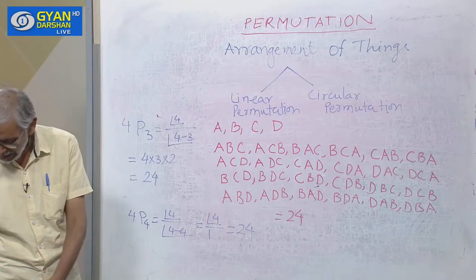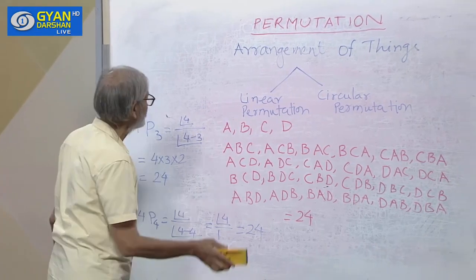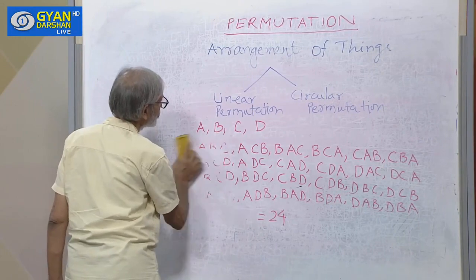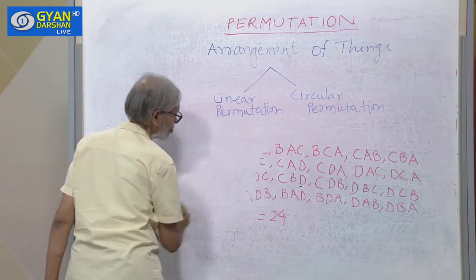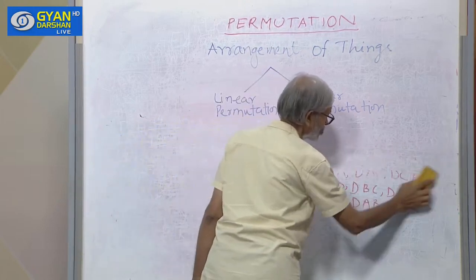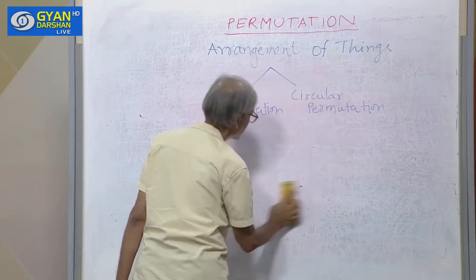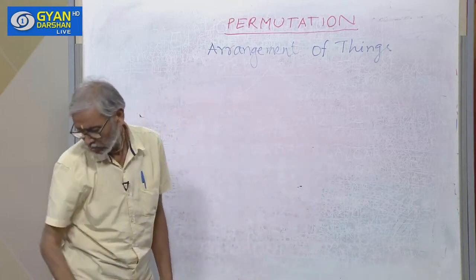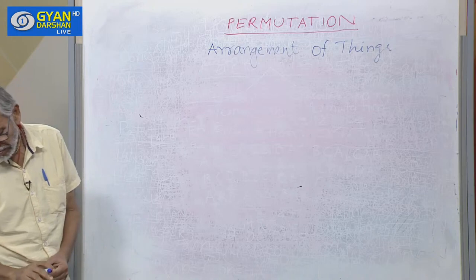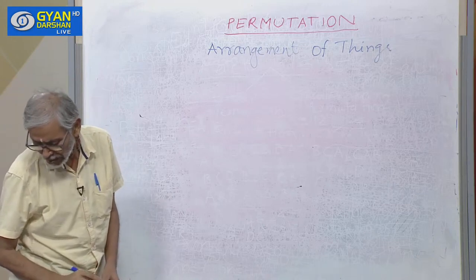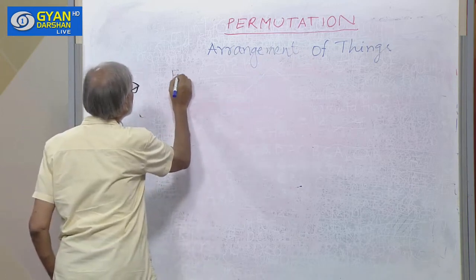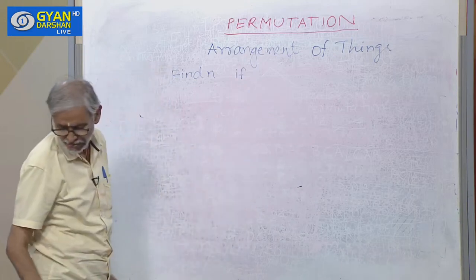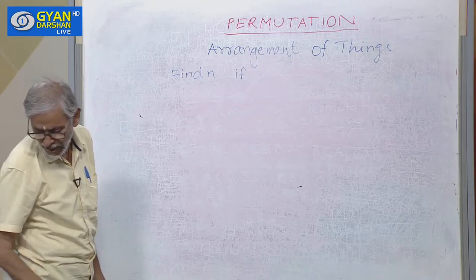So, let us take an example here. Suppose the problem is: find n if 5Pn is equal to 6P(n minus 1).